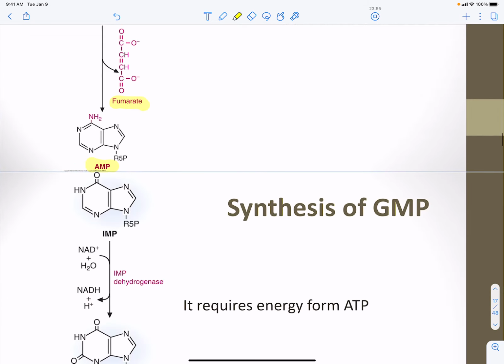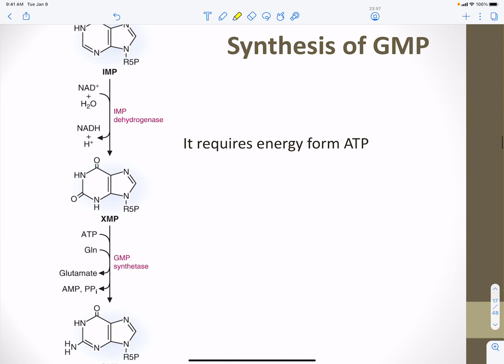Okay, and then synthesis of GMP requires energy from ATP, and so ATP actually comes in the second step of GMP synthesis. So you have your hypoxanthine base that's going to be oxidized, and this is by IMP dehydrogenase to produce xanthine.